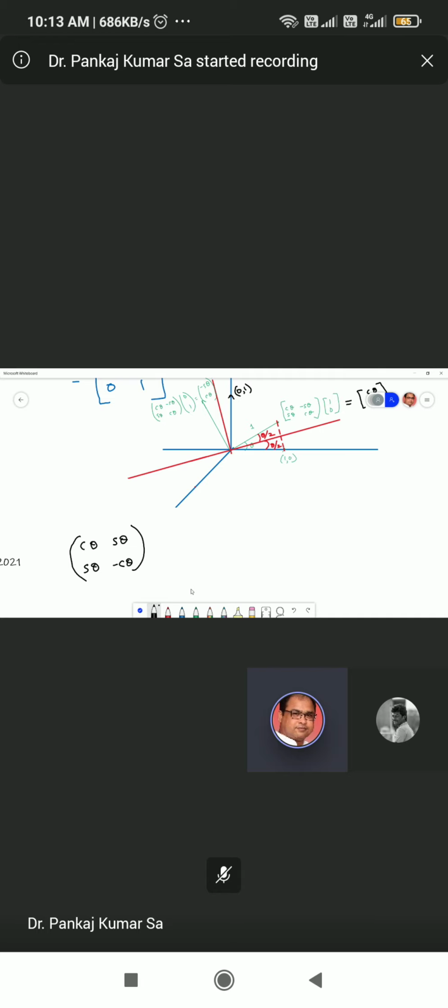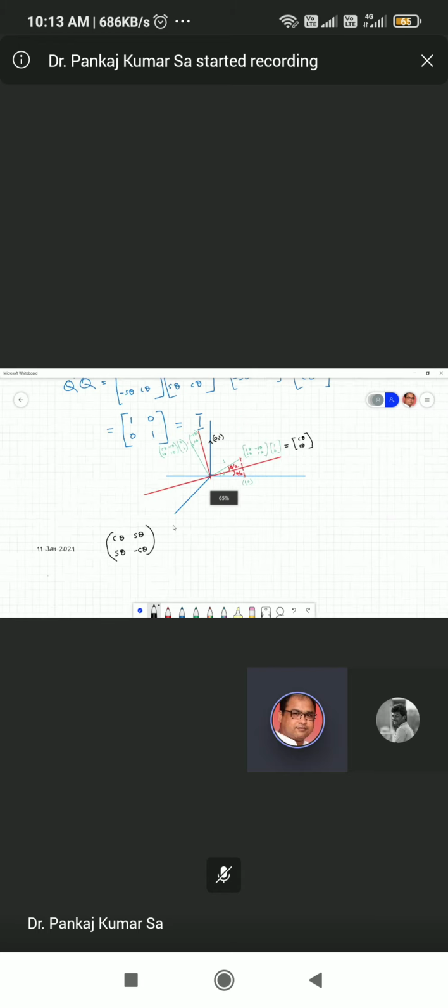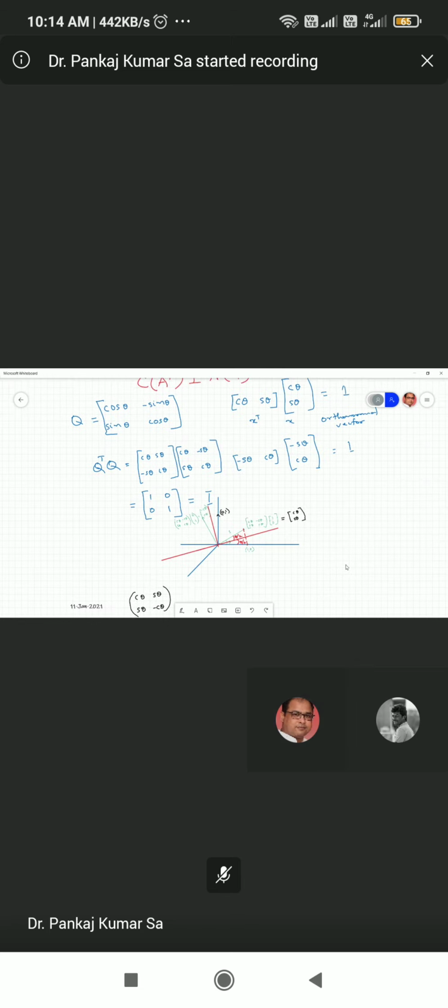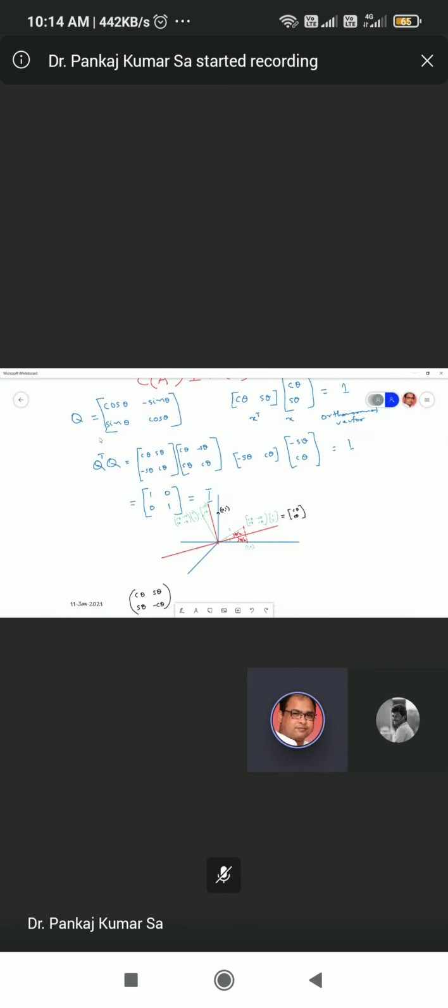There is only a little bit of difference between these two. This is the original rotation matrix, cos theta, minus sine theta, sine theta, cos theta. Now I have just switched the minus sign: in place of writing minus sine theta, I have written minus cos theta.